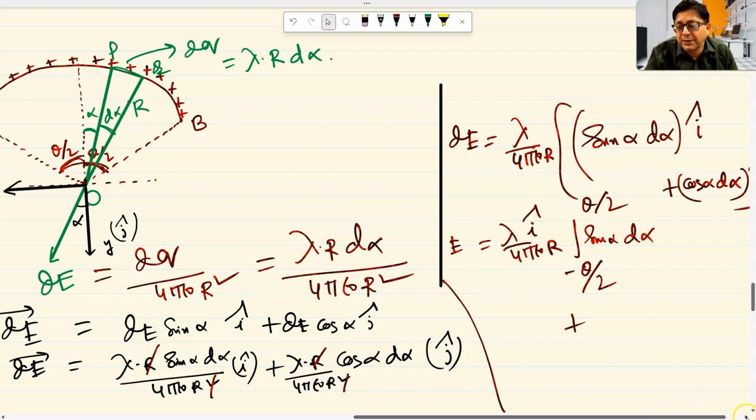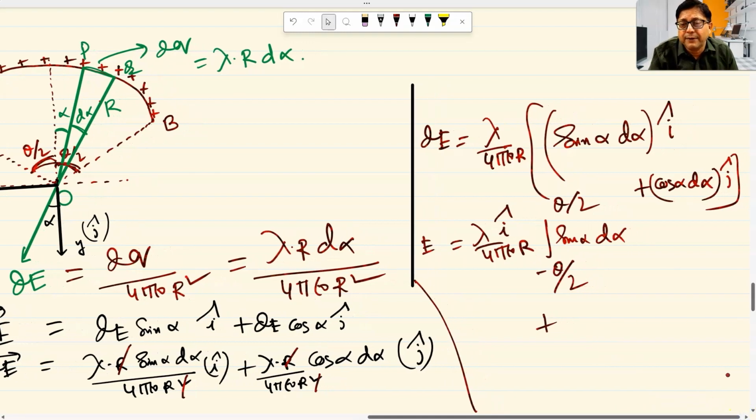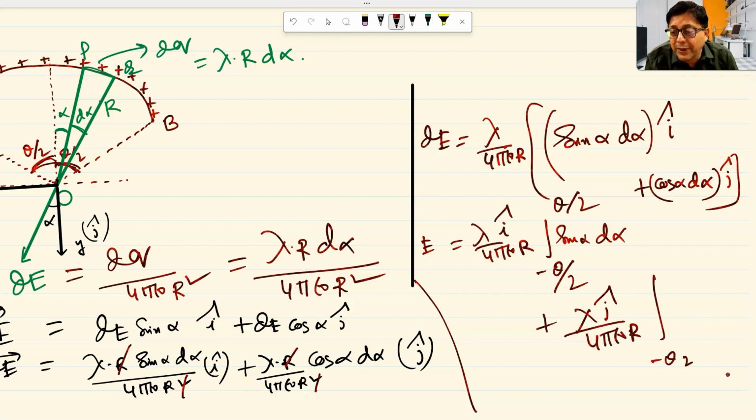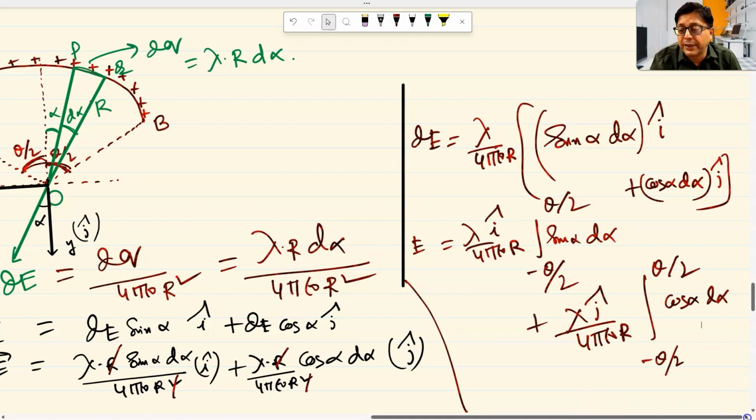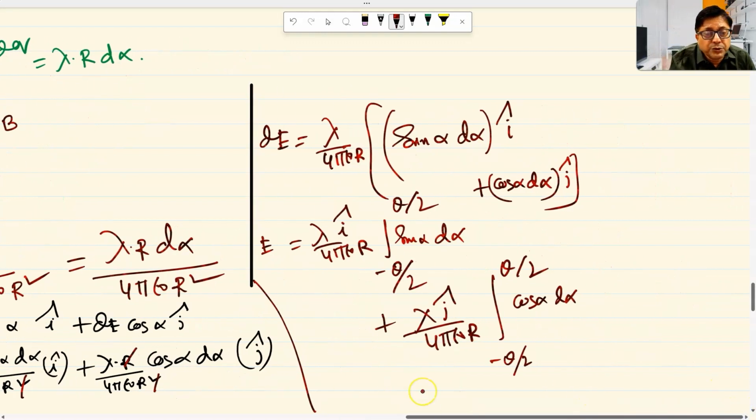plus, now this thing is what? This thing is j cap. So there will be lambda j cap by 4 pi epsilon 0 r, and this is also minus theta by 2 to theta by 2 cos alpha d alpha. Clear? So just integrate.